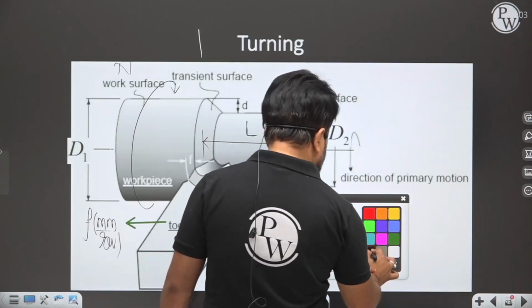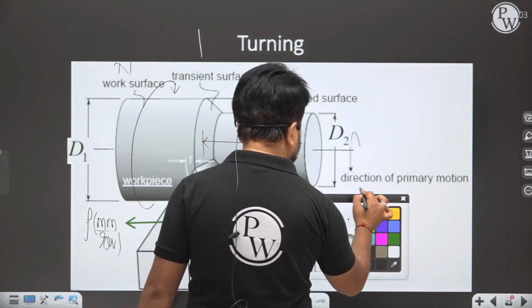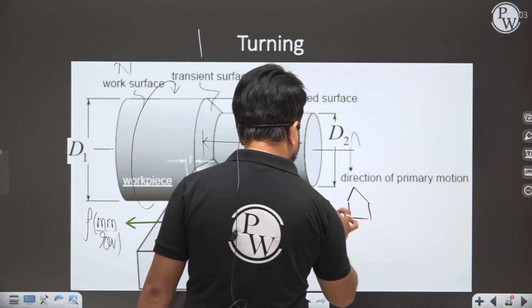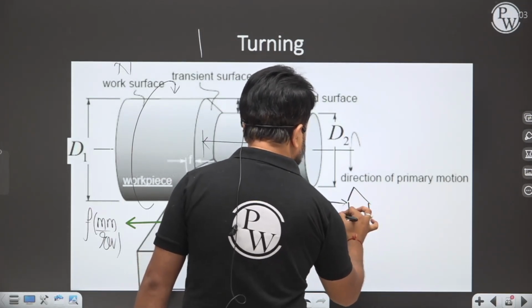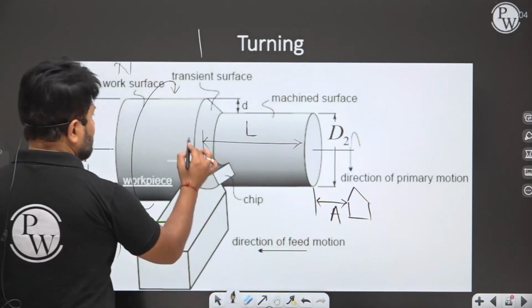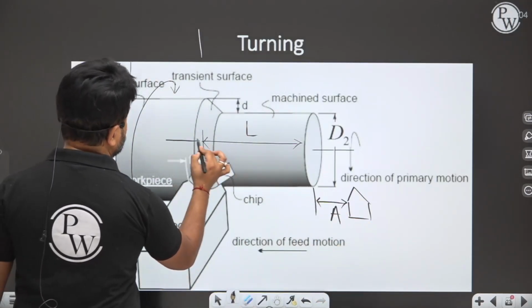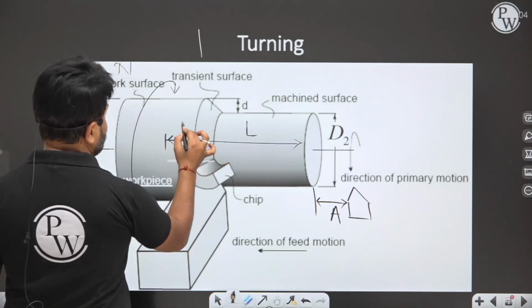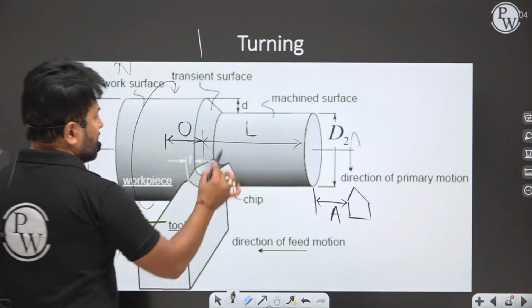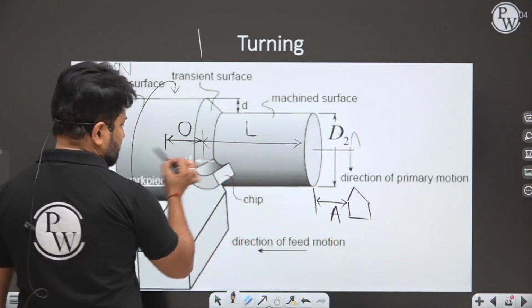But my dear, the tool has started its journey from here, so it is not touching the workpiece. So this is an approach distance. After the machining, if the tool goes for an over travel distance, that is O. So the total length covered by the tool is A plus L plus O.